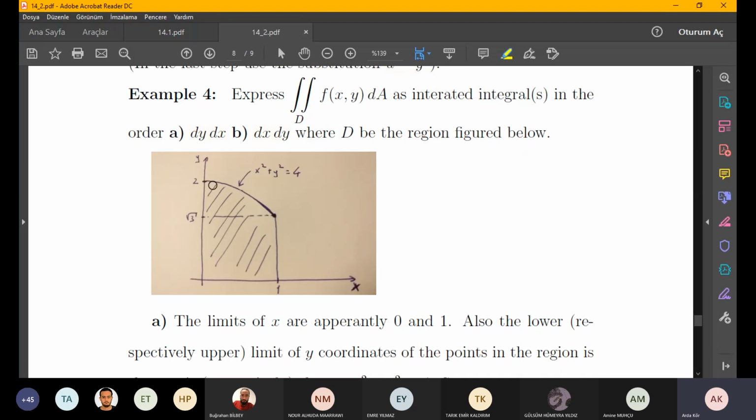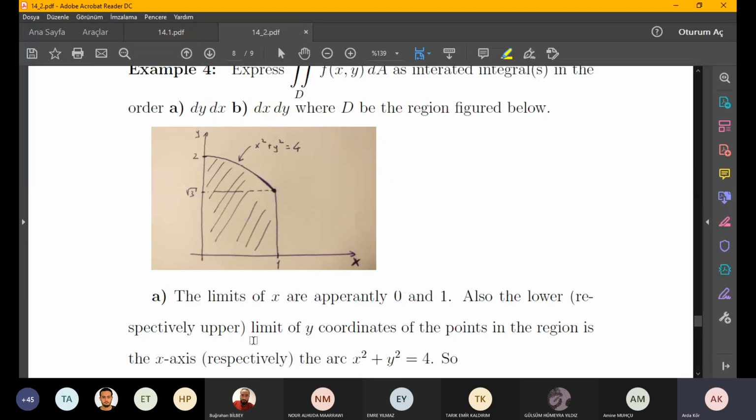So first we will try to compute that integral in that order, dy times dx. So the limits of x, you can directly write the limits of x here.